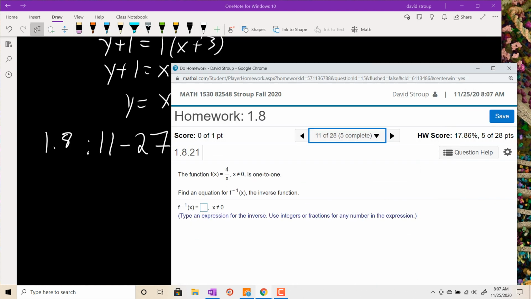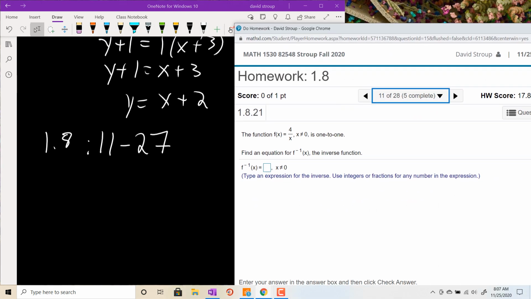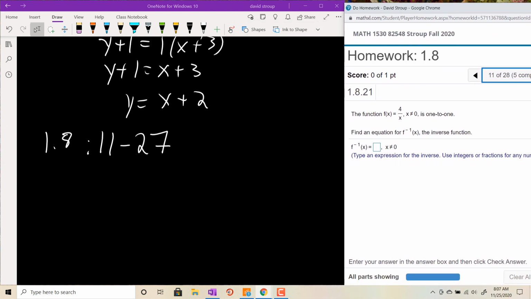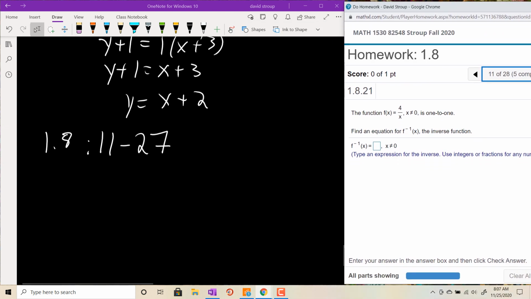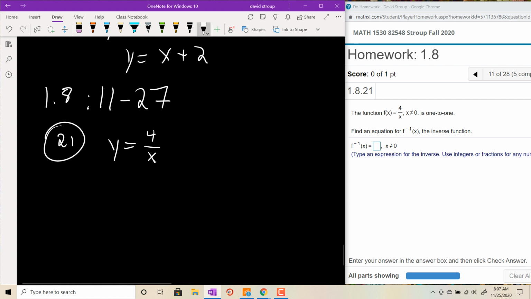Right, so this problem, they're telling you it's 1-to-1, and they want you to find the inverse for it. So for these types of problems, all you have to do is swap the x and the y. So here is the original function. What you need to do is swap the x and the y.